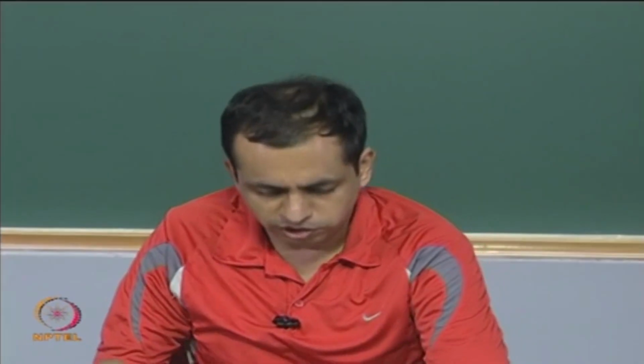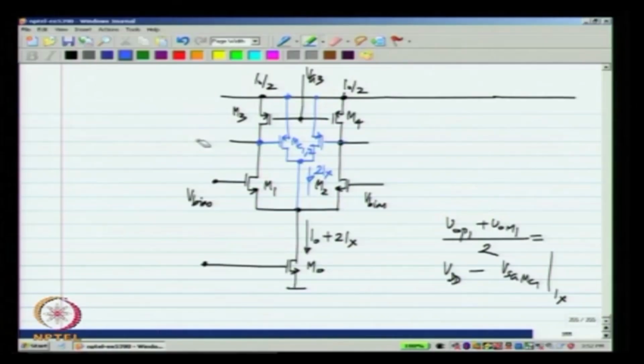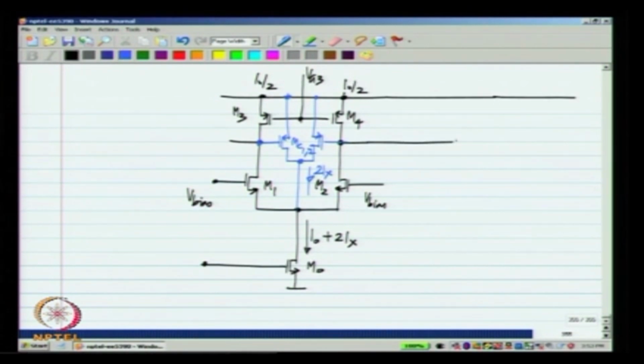Also, in a two stage op amp, the outputs of the first stage go to the second stage amplifier transistors M11 and M13.